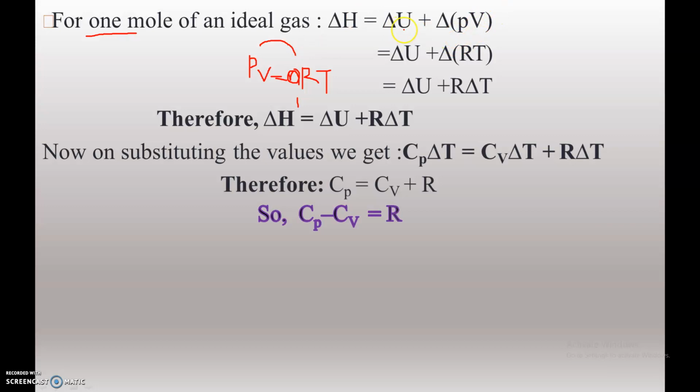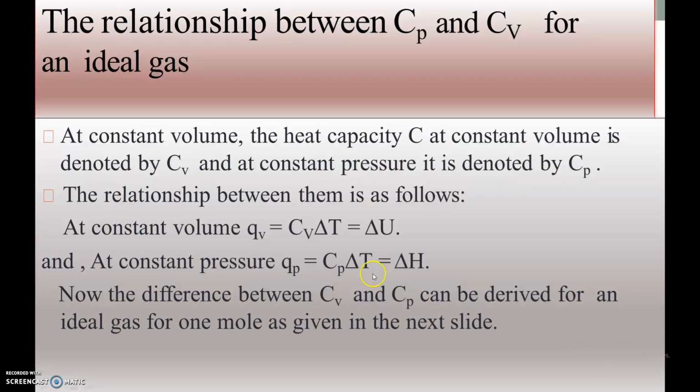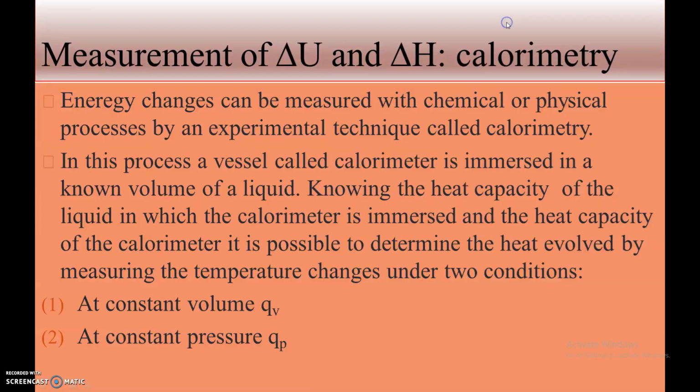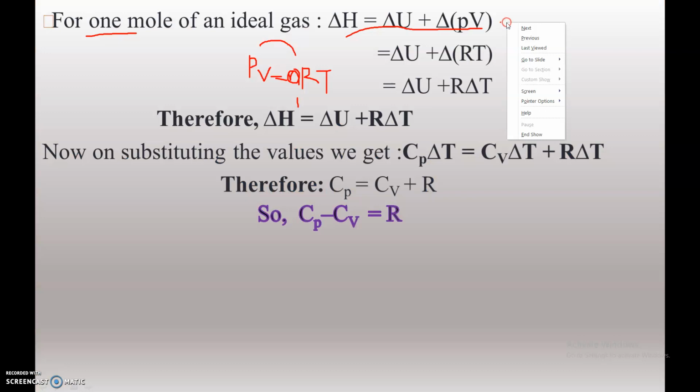So here in this equation, delta H is equal to delta U plus delta PV. Instead of PV we can substitute RT. Consider this as equation 1, where we are going to identify the difference between Cp and Cv.